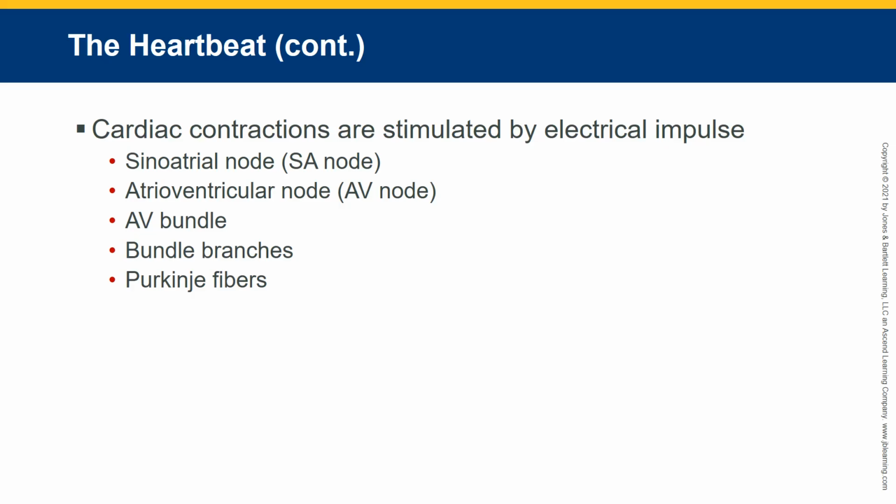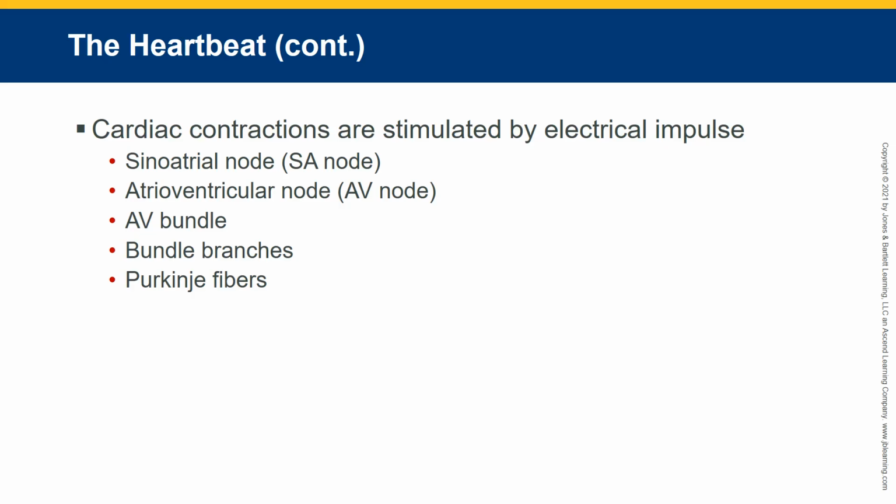It starts with the SA node, and then it is going to trigger the atrioventricular node to carry the stimulation from the SA node down through the AV bundles, to the bundle branches, to the Purkinje fibers.